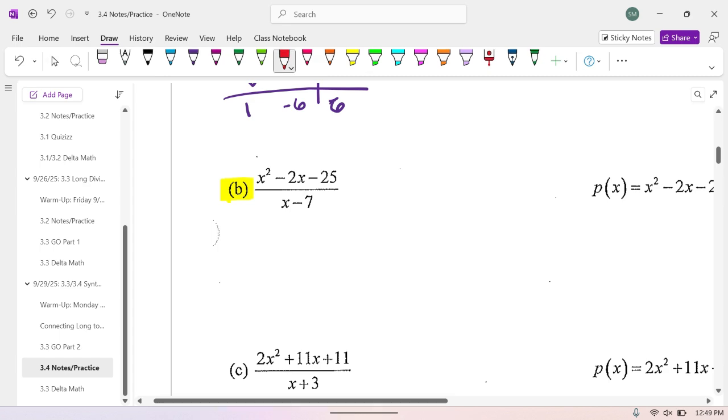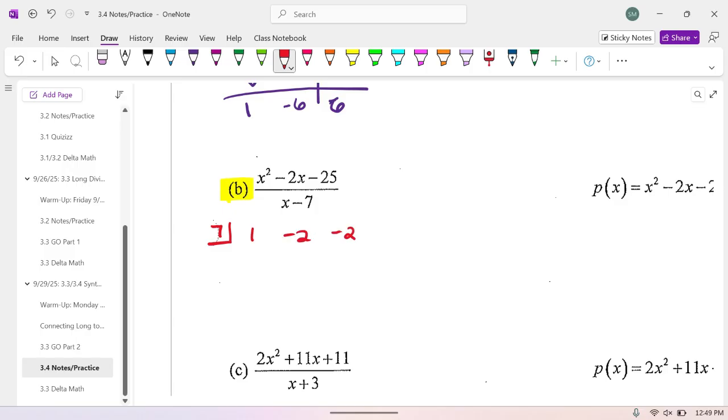Someone explain to me how they got it. So did you use synthetic or regular? Okay. All right. Multiply it by 7 and got?